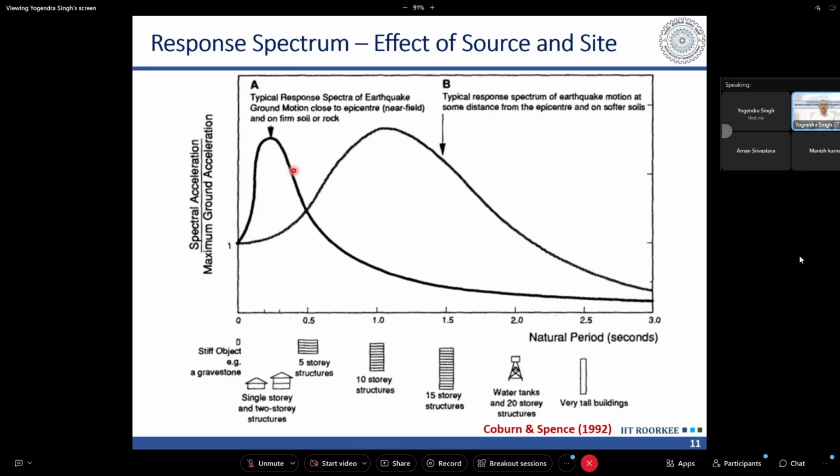So if the site consists of firm rock, then the low period or high frequency contents will be more in the ground motion, and the peak response I'm going to get corresponds to high frequency. But if it is alluvium soil where soft soil layers are there, then the peak will shift. The peak is going to occur corresponding to a period which is the period of vibration of the soil.